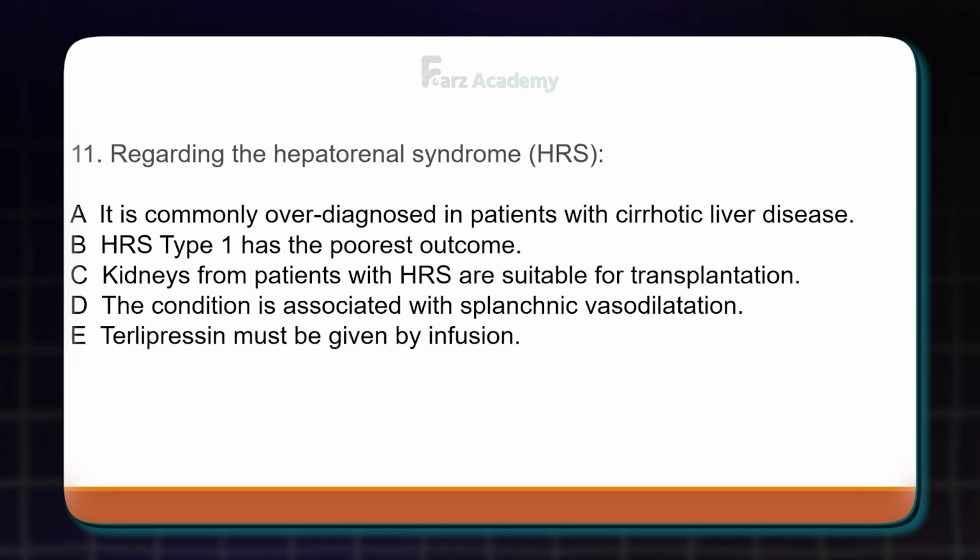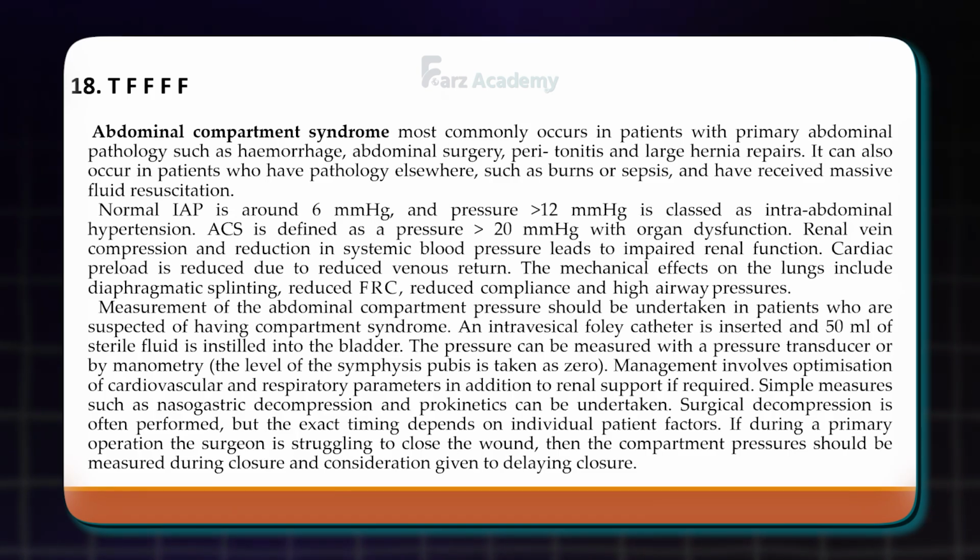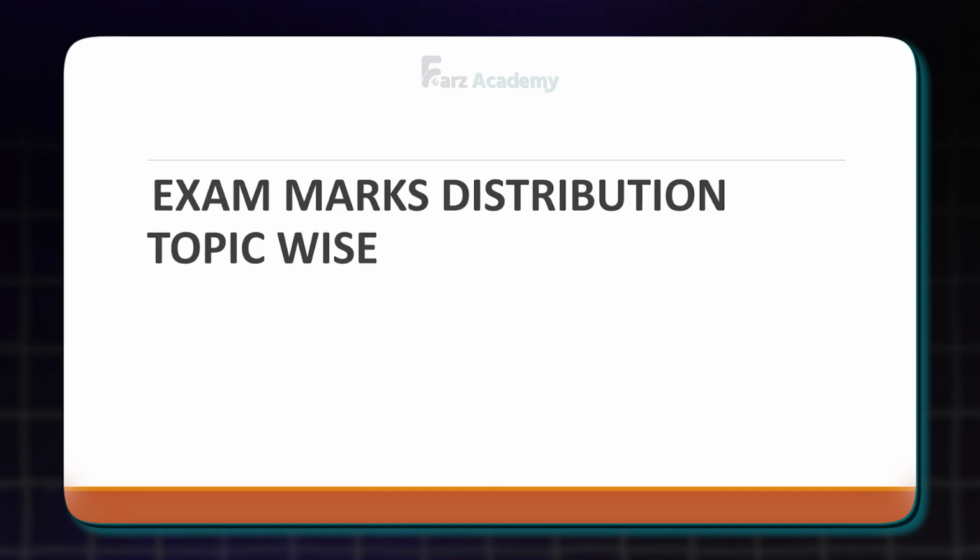Only 5 more minutes I wanted to tell you regarding this exam marks distribution topic wise. Most of you who appear for the EDIC 1 exam don't know how the distribution of marks is. If you go on the ESICM site in the education section, they have given a very nice EDIC brochure.